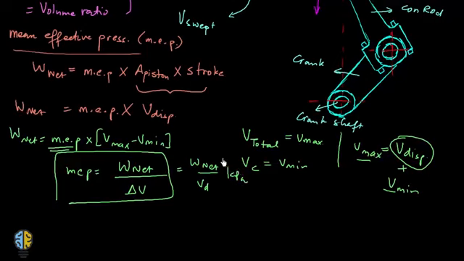Alright, so the mean effective pressure can be used as a parameter to compare the performance of reciprocating engines of equal size. The engine with the larger value of MEP will deliver more net work per cycle and thus will perform better.